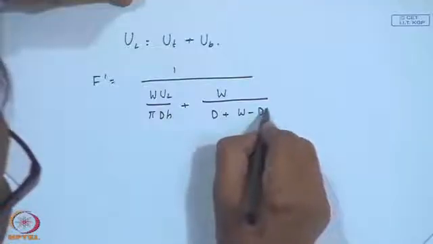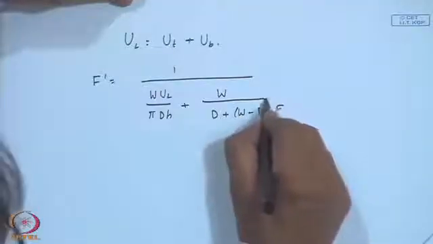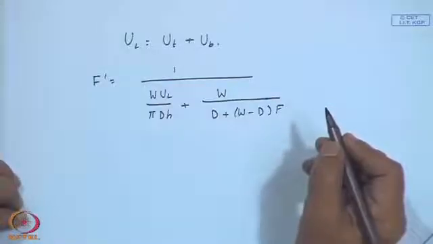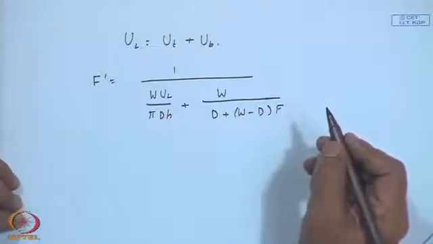So, F is the fin efficiency, h is the heat transfer coefficient, as we have been defining n number of times.